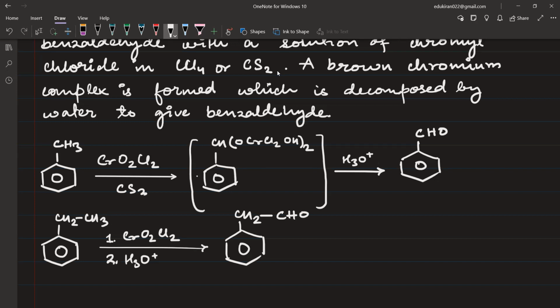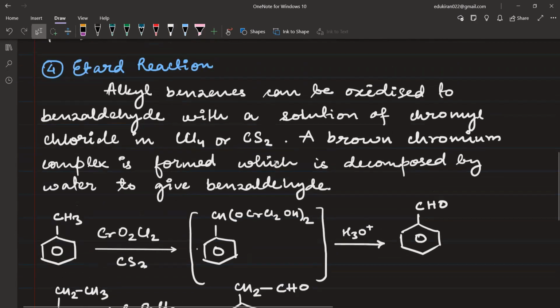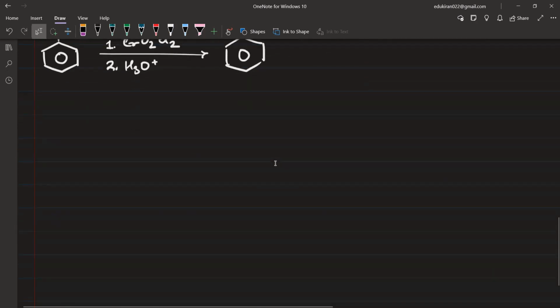And we put water in the second step, because if you add H3O plus in the presence of chromyl chloride, it is going to get converted into a strong oxidizing agent, which will give you carboxylic acid, not aldehyde. So we use non-polar solvents such as CCl4 and CS2. Right, this one is what, fourth? Fifth one.